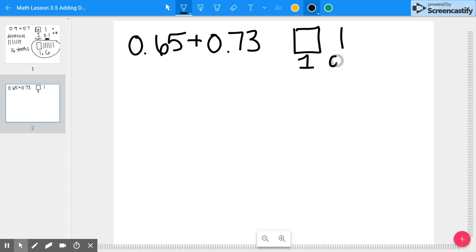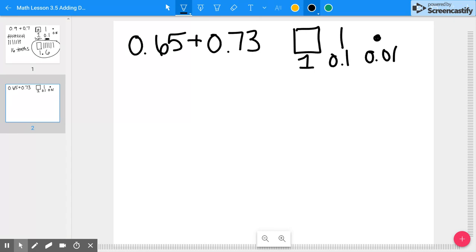My longs represent anything in the tenths place value, and my cubes, or I like to just draw little dots because it's easier, represent any number in the hundredths place value. So this is saying that I have 65/100, and I need to add 73/100 to that.